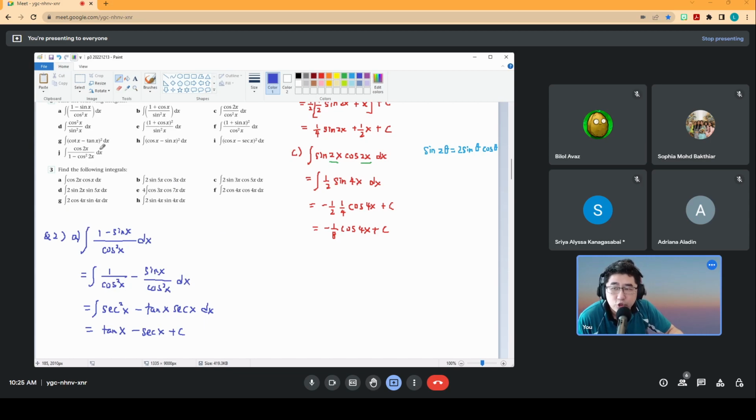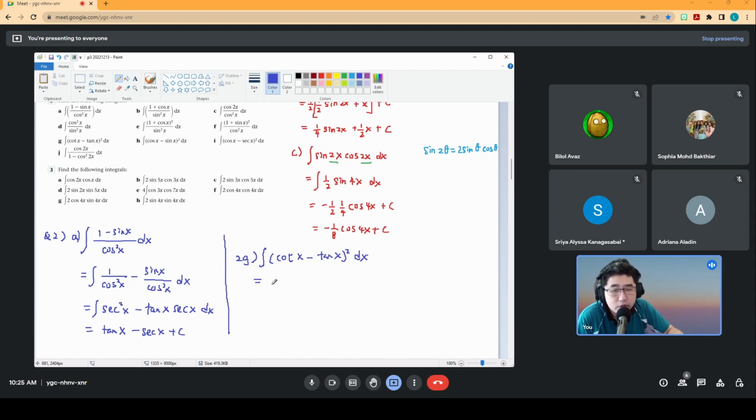So let's say I jump to maybe question G. To G, I have an integrate of cotangent x minus tangent x, squared, dx. So I have a bracket square.